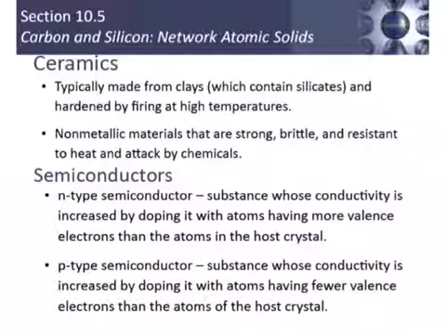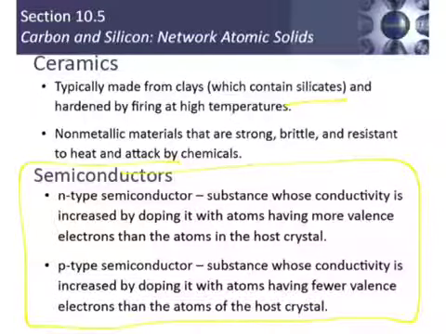All right, so ceramics, very hard. Ceramics are network covalent solids because they contain silicates. And then you have semiconductors, just a little exposure to semiconductors, not really going to lecture on that.